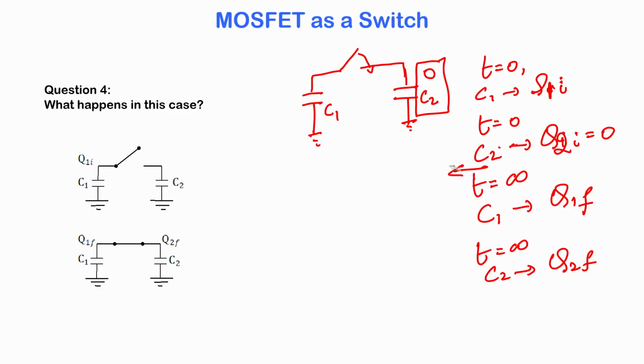We simply use charge conservation. What is the total charge? The total charge is Q1 initial, that was the entire charge in the system, because Q2 initial was 0, and that must equal the final charge in the system.